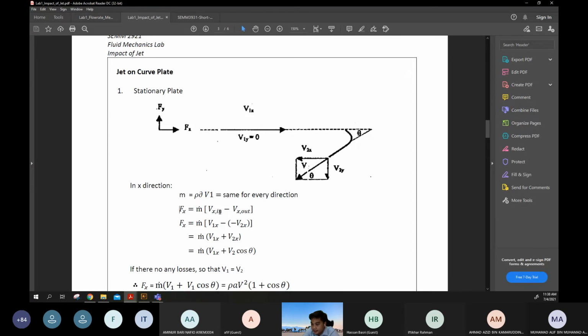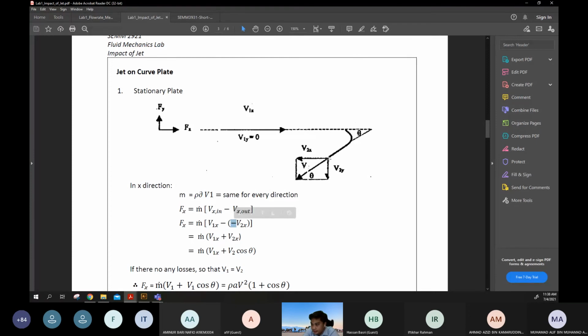This is V in, and this is V out. This focuses only on the horizontal position. So V in is V1x minus Vx out. Vx out is V2x. This is the horizontal. Why is it negative?